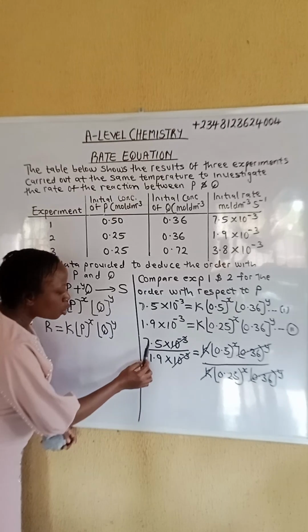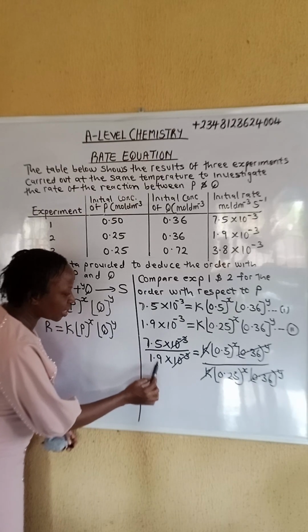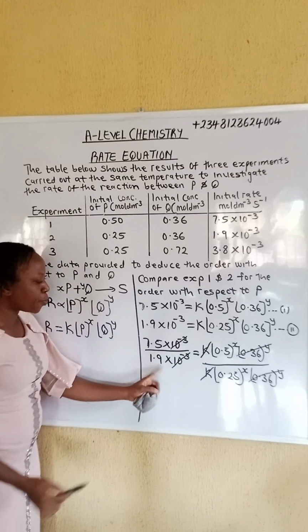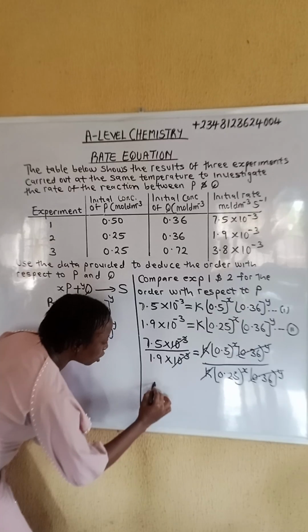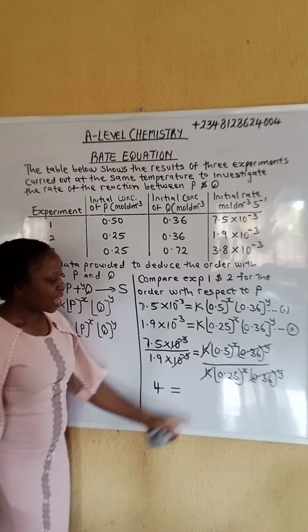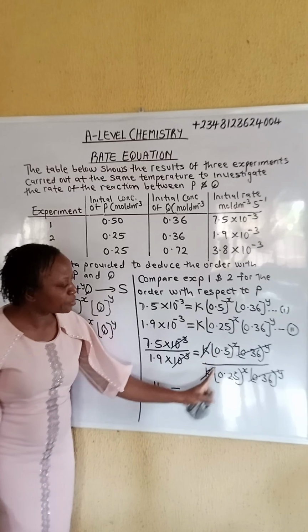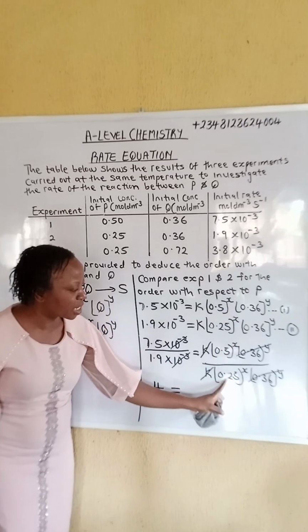At this side, we are going to use 7.5 to divide 1.9. 7.5 divided by 1.9 will give us 4.